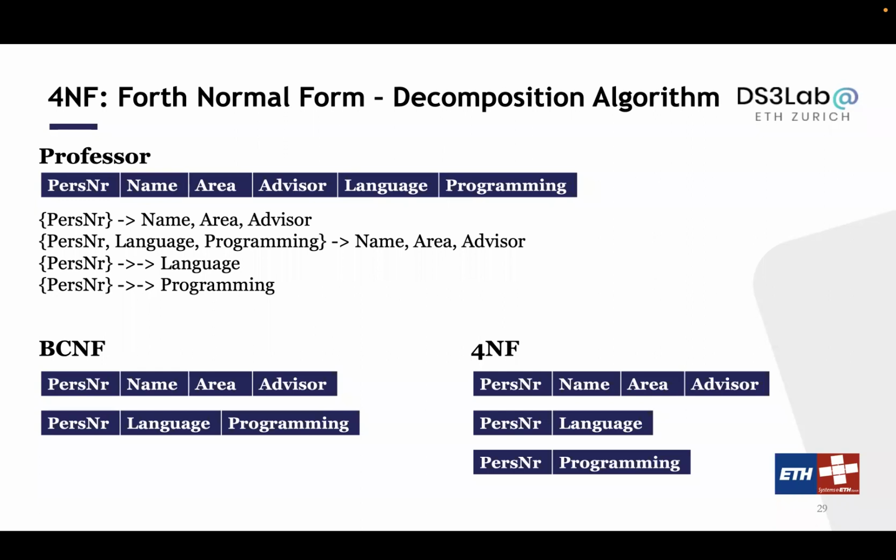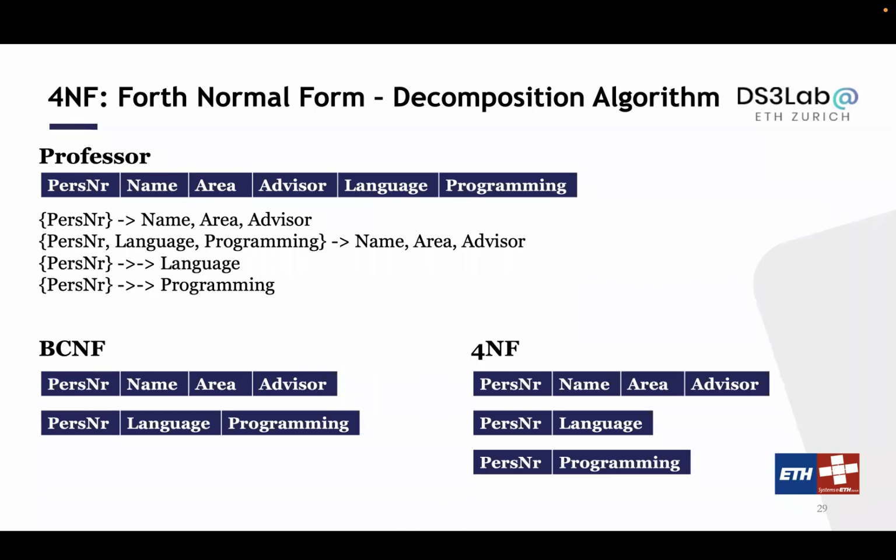So these are the two functional dependencies you have in the system, which is very natural if you think about it. And then you have two other multivalued dependencies. You have one multivalued dependency from personnel number to language, and then you have another multivalued dependency from personnel number to programming language.